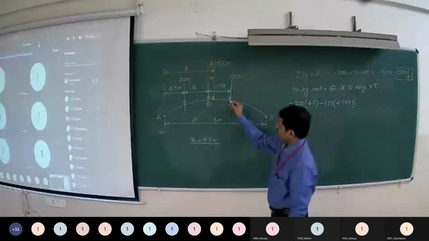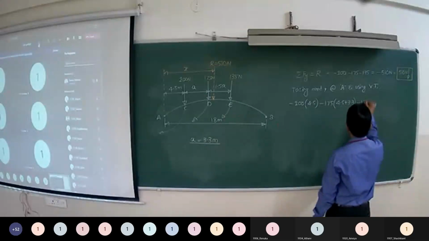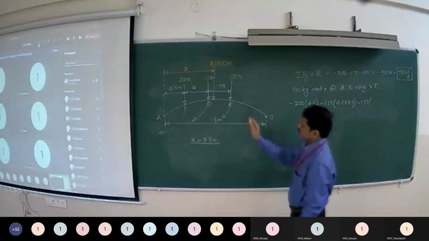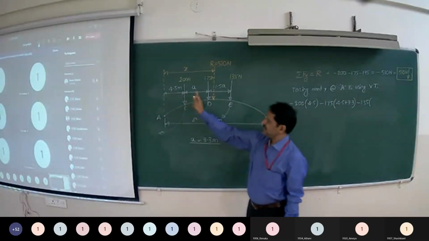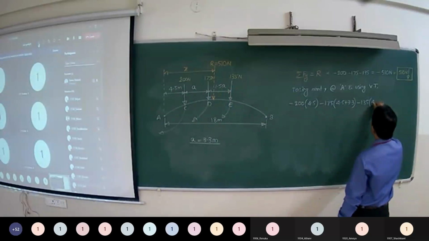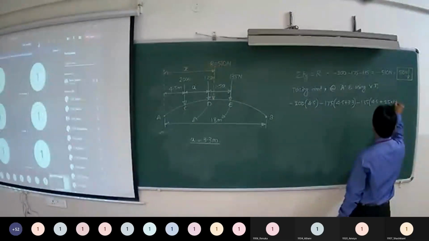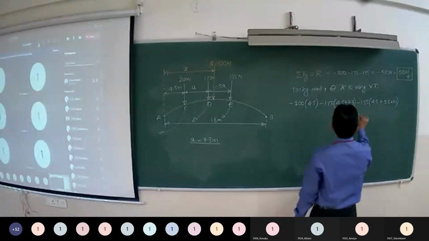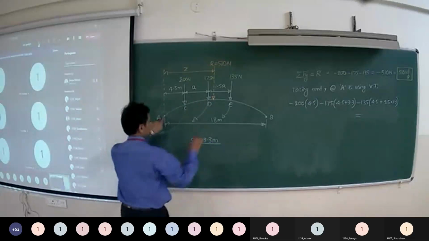Moment of 135, again clockwise, minus 135 into the perpendicular distance, the total distance 4.5 plus a plus 1.5 a. So it is 4.5 plus 2.5 a, 2.5 into 3.3.